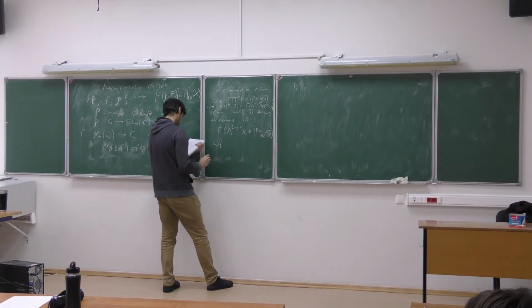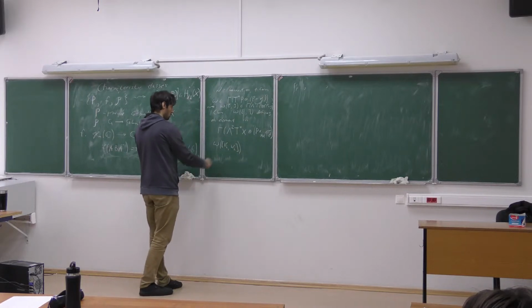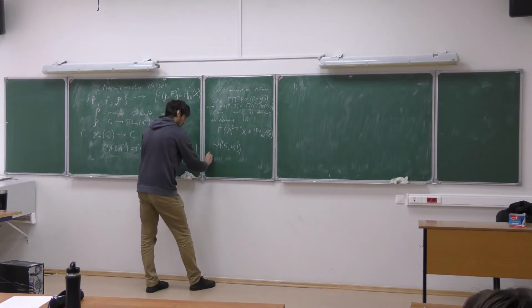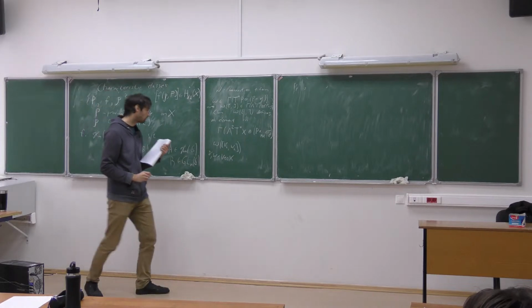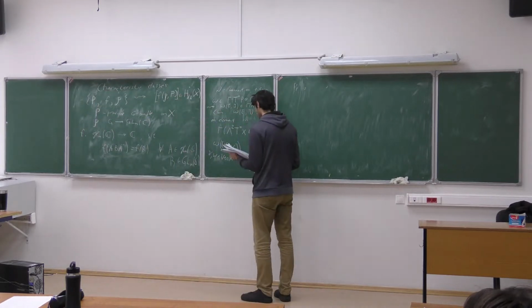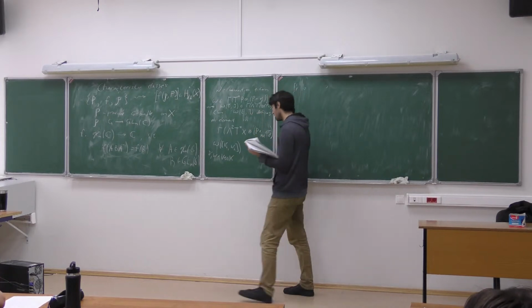So I take omega of the commutator of V^H, W^H. So these are V and W vector fields on X, and these are horizontal lifts of these vector fields.